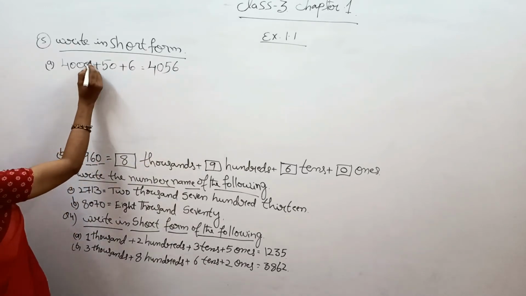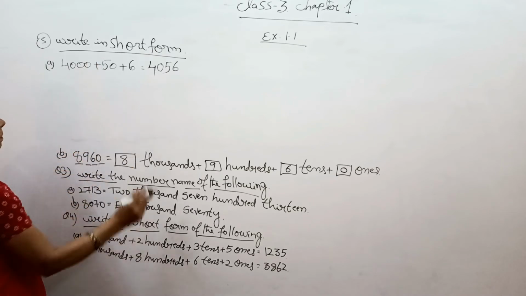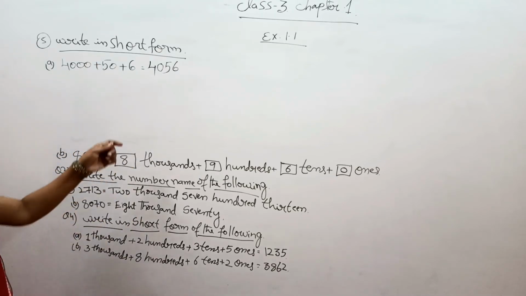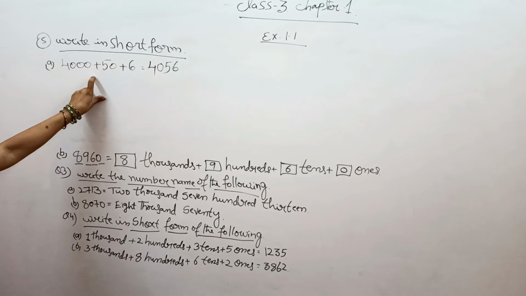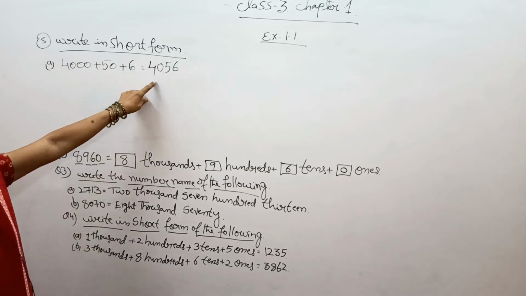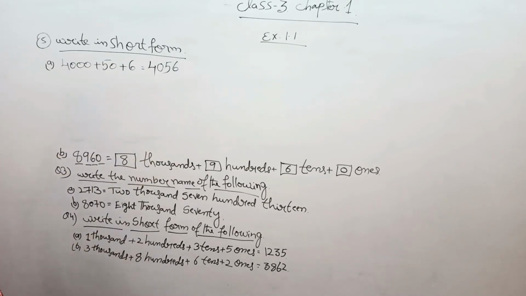If you don't have any value of any place, then simply put there 0 for that place. It will give the correct answer for the question.